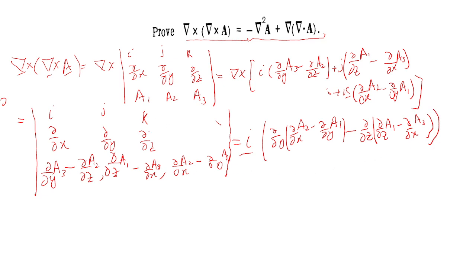Then plus j, and then partial by partial z on this one, that is partial by partial y of A3 minus partial by partial z of A2.